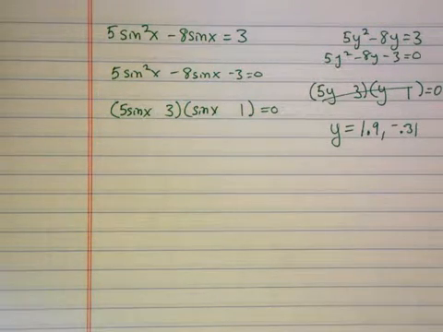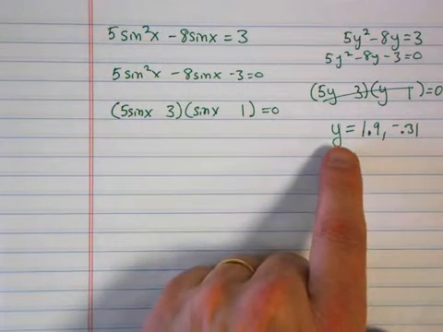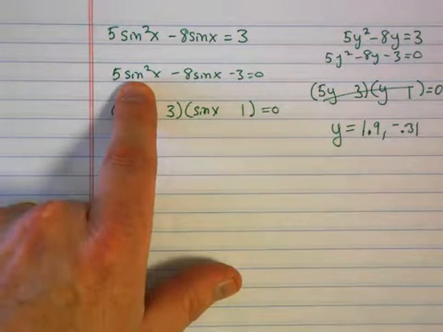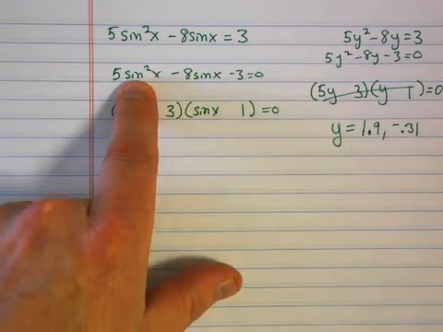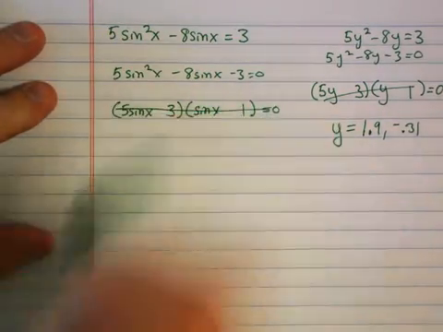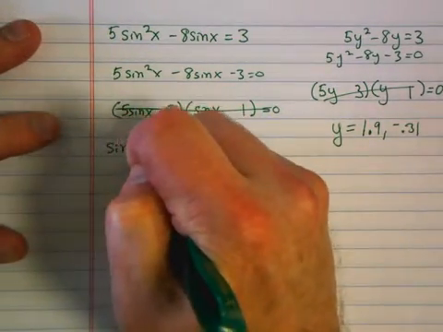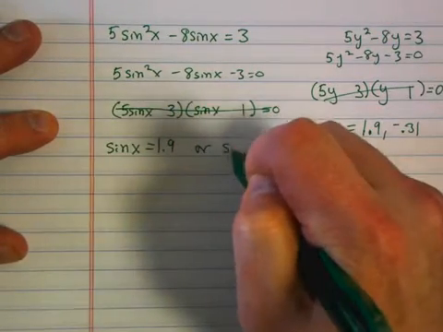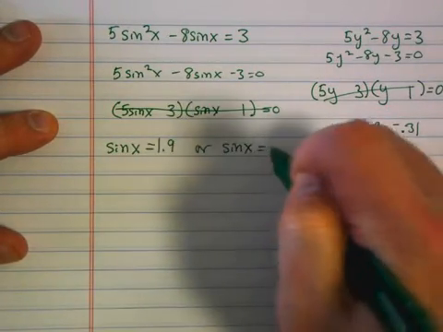You still use the quadratic formula. Except instead of having y equals 1.9, what are you going to have? Sine x. So we're going to have sine x equals 1.9, or sine x equals -0.31.